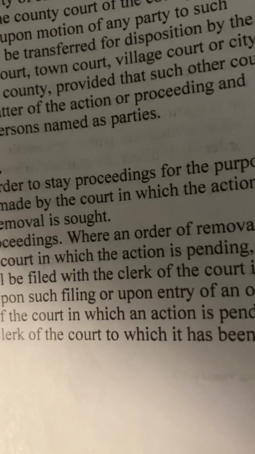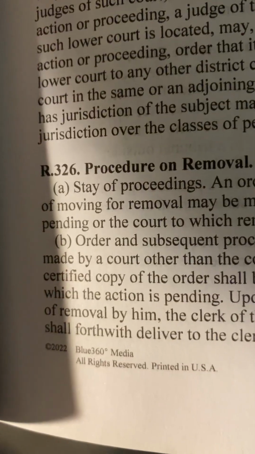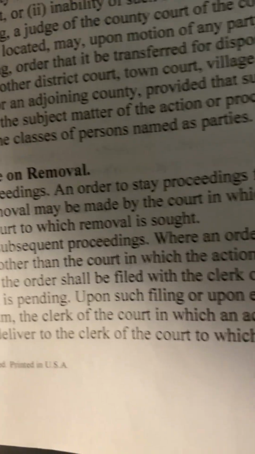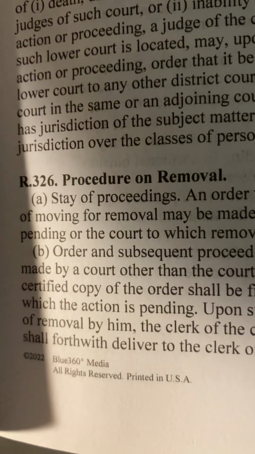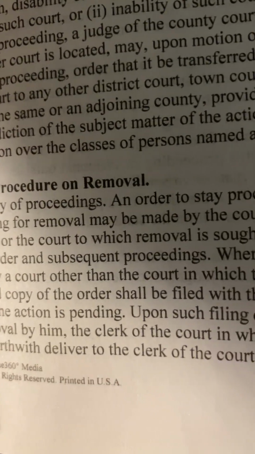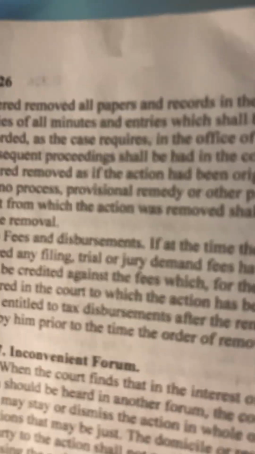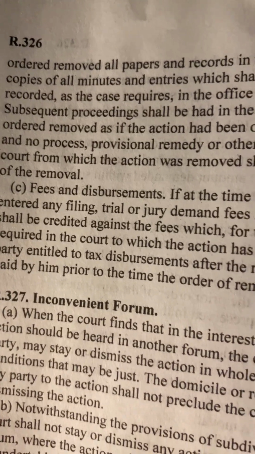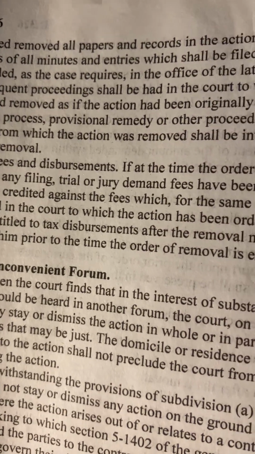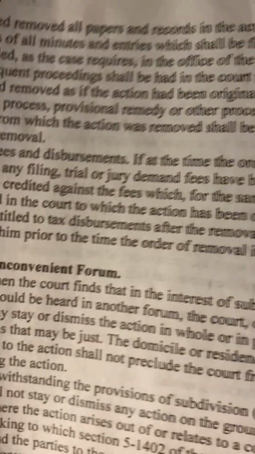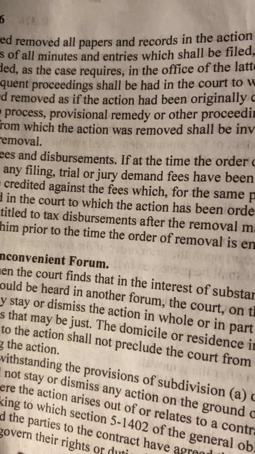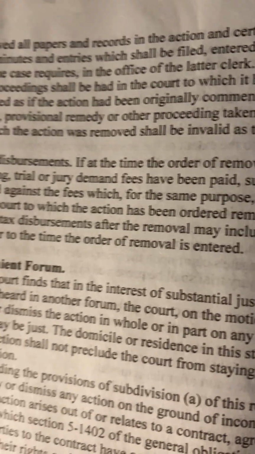Upon such filing or upon entry of an order of removal by him, the clerk of the court in which an action is pending shall forthwith deliver to the clerk of the court to which it has been ordered removed, all papers and records in the action and certified copies of all minutes and entries which shall be filed, entered, or recorded as the case requires in the office of the latter clerk.